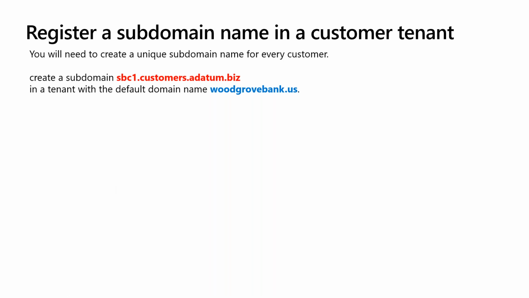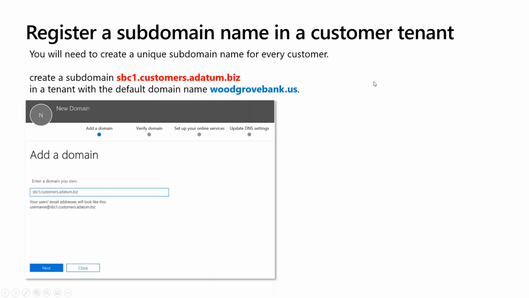So, registering this subdomain in the customer tenant. This is the tenant name, Groove Bank US, for example, but we need to have this SBC1.customers.adatum.biz, because we need to create a gateway that has this name. So you need to add a new domain in your tenant.